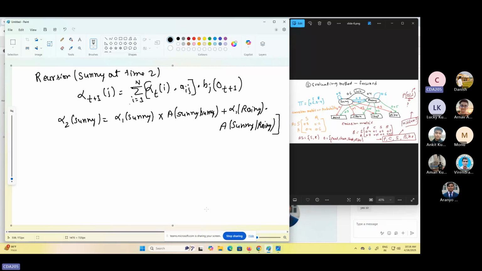This is the summation, into the emission of clean given sunny. Understood? Have you understood this equation? So alpha 2 sunny is equal to 0.24 into 0.8 plus 0.12 into 0.4, into 0.1, which is equal to 0.024.